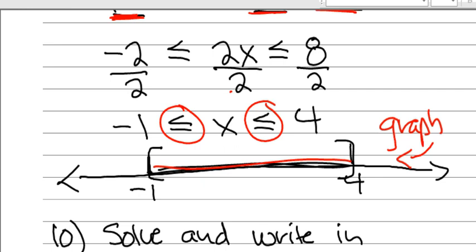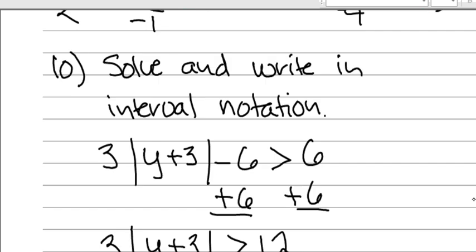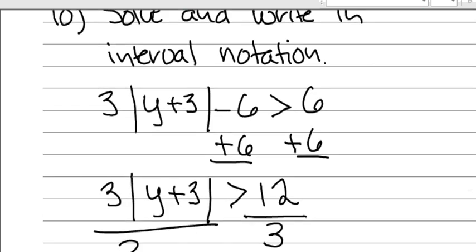So number 10, the last one on number 3, another absolute value inequality. I want to solve it and write my answer in interval notation. So here is my problem. It's 3 times the absolute value of y plus 3 minus 6 is greater than 6.